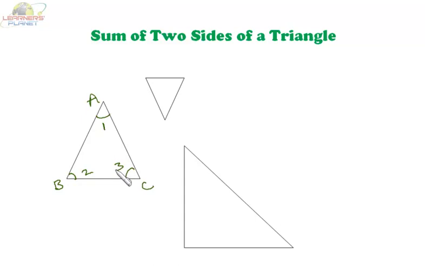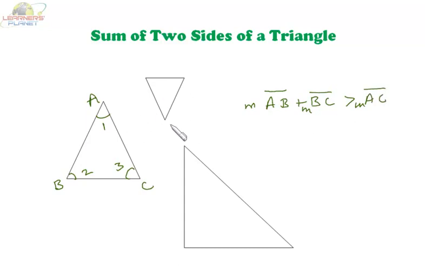Now if you measure the sides AB, BC, and AC, you will observe that AB plus BC is always greater than AC. It's not only of AB and BC. That means if you add up any two sides, that will always be greater than the third side. And you can measure it in all the triangles.